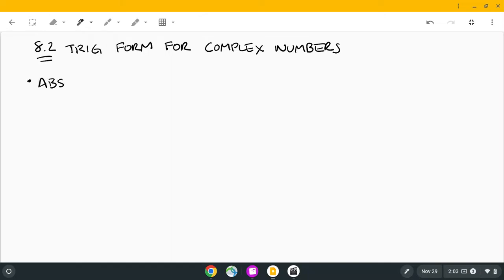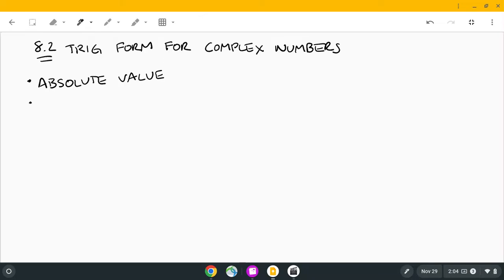8.2 trig form for complex numbers. Okay, so in this section, we're going to take a look at the absolute value of complex numbers.